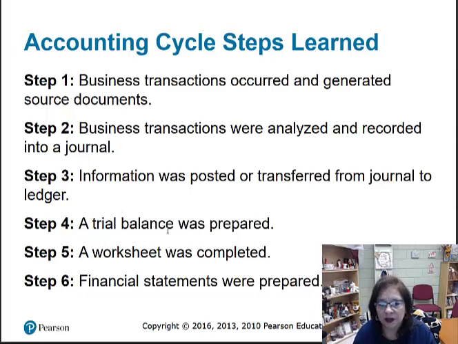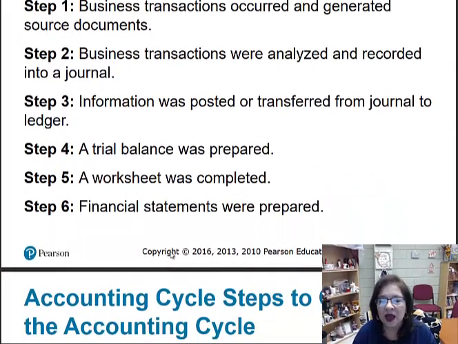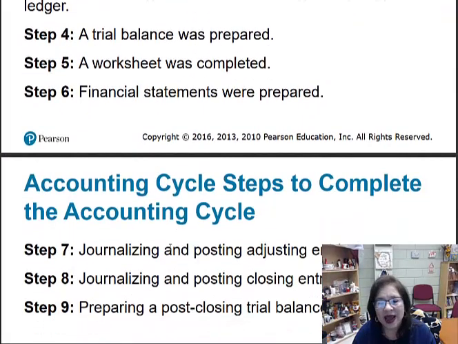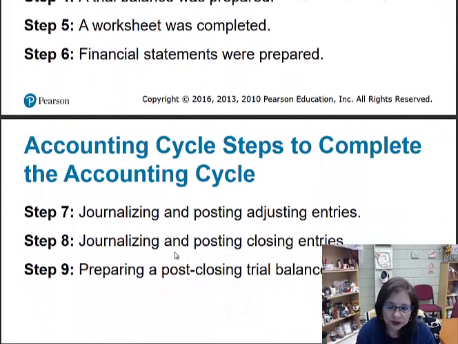The trial balance has been prepared, worksheets completed, financial statements prepared, but now what we're going to do is journalize and post entries, meaning we're going to close the balances and prepare a closing trial balance as well. Don't worry about the terminology yet. I'll be explaining it as we go on.